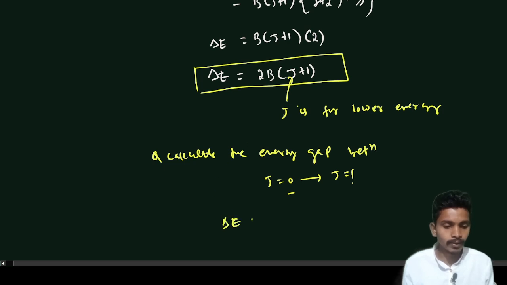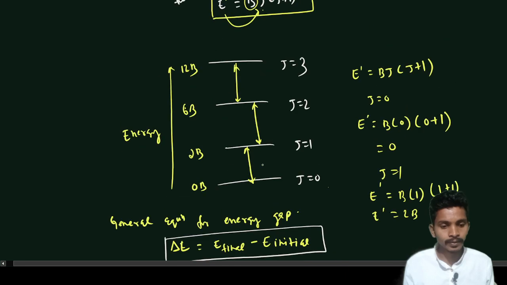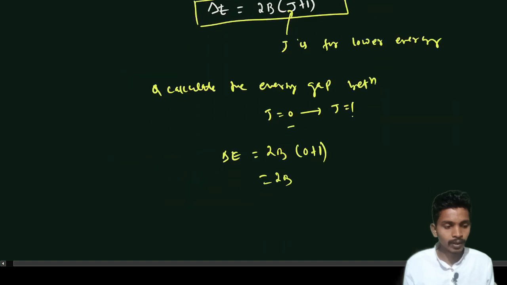Delta E will be 2B, and J is 0 here, so 0 plus 1, that is going to be 2B. So you can see the J equal 0 to 1 gap is 2B minus 0, that is 2B.